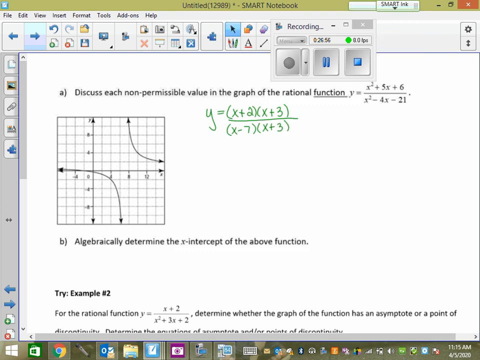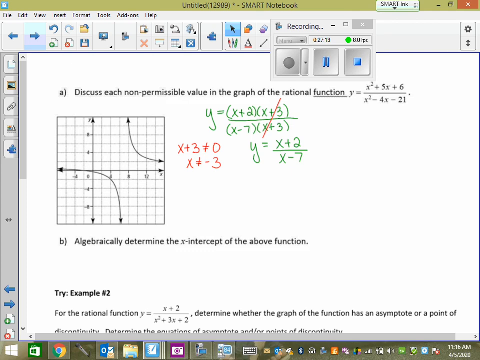Wait a second, the x plus 3's cancel. The moment they cancel, I have a point of discontinuity. So I'm going to go x plus 3 cannot equal 0, x cannot equal -3. Okay, my reduced form of my equation now is y equals x plus 2 over x minus 7.